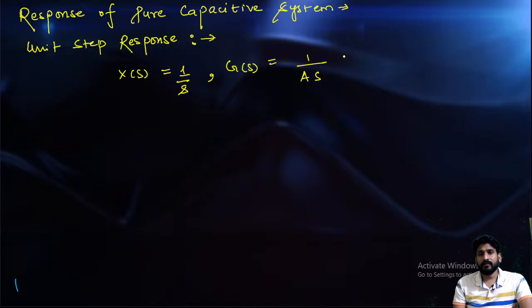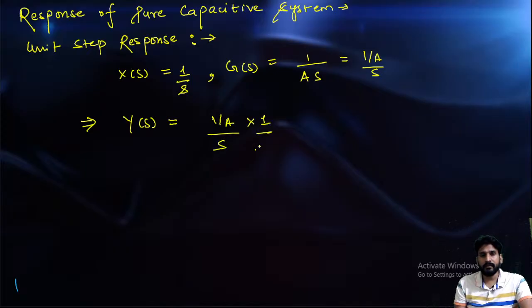Now I can write this as 1 by A divided by S to make it simple. And what is my Y(s) now? Y(s) is equal to 1 by A divided by S multiplied by 1 divided by S. My Kp is 1, and I define Kp dash as 1 divided by A to make this term simple.